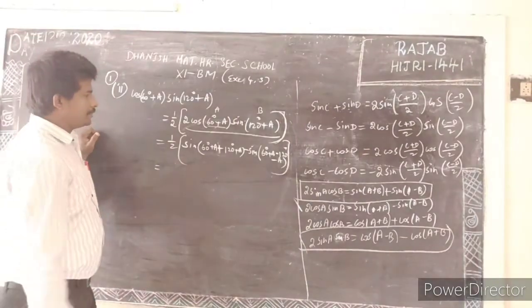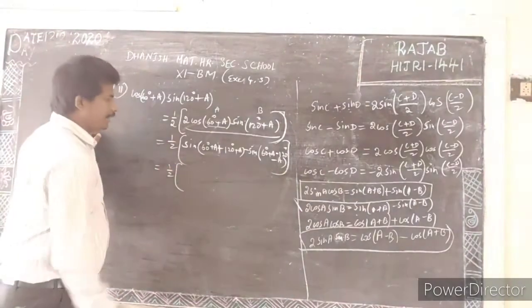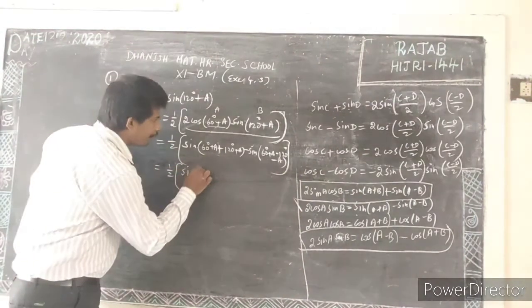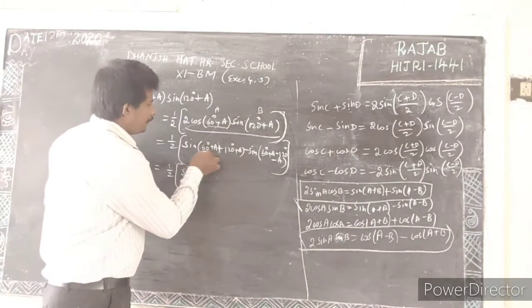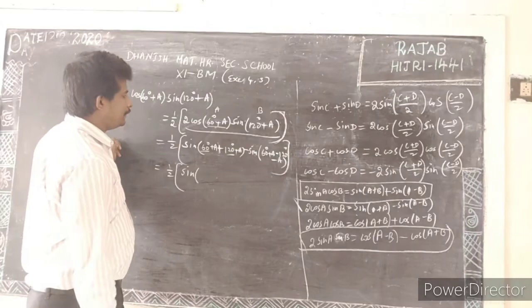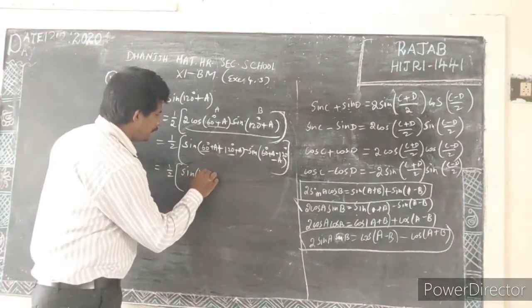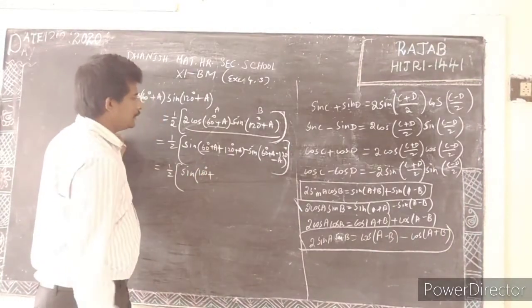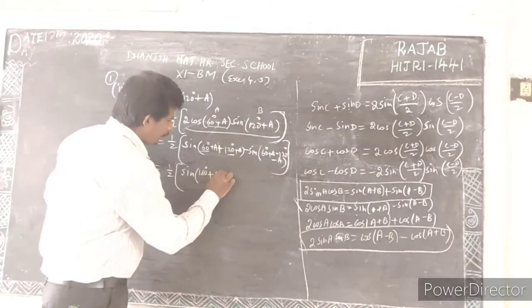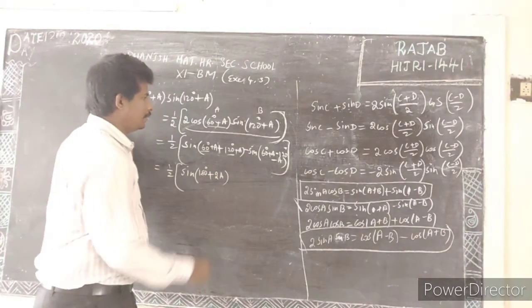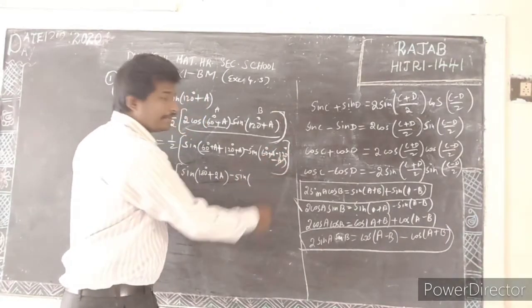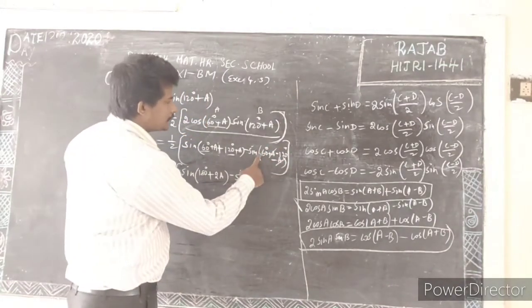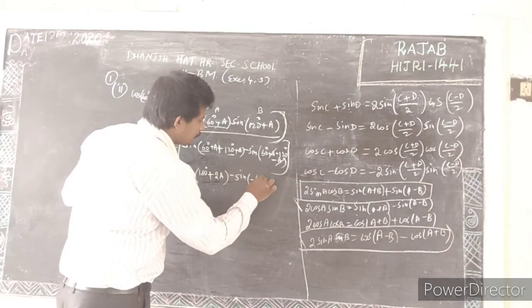Now this is equal to 1 by 2 into sin of, here we are having 120 plus 60, so 180 degree plus 2a, minus sin of, a minus a will cancel, 60 minus 120, minus 60 degree.